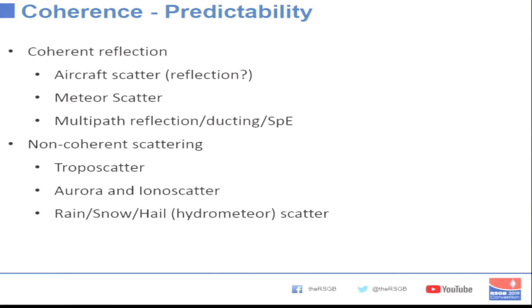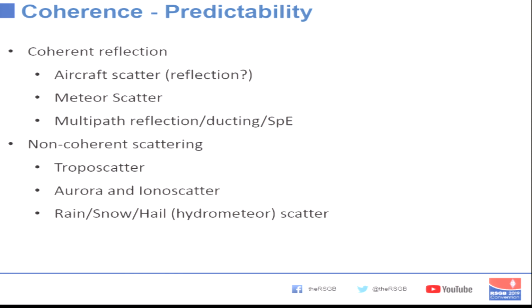So really, there's almost 2 separate classes that affect it. They're a matter of scale, but you've got coherent reflections, things that you can predict for the next 100 milliseconds or 30 seconds, perhaps. And you've got non-coherent things, which are stochastic random processes.